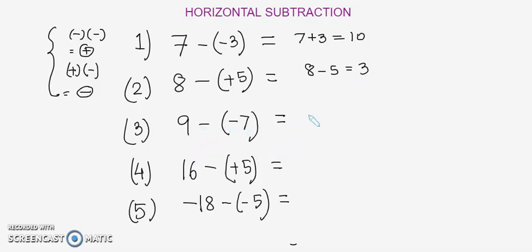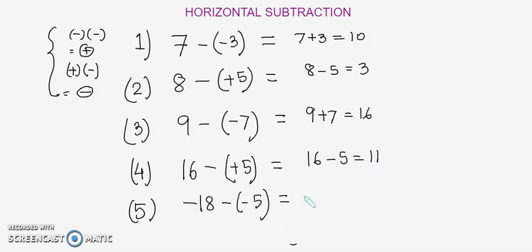9 minus minus 7 is 9 plus 7, which is 16. 16 minus plus 5. Minus plus is minus. 16 minus 5, that gives you 11.